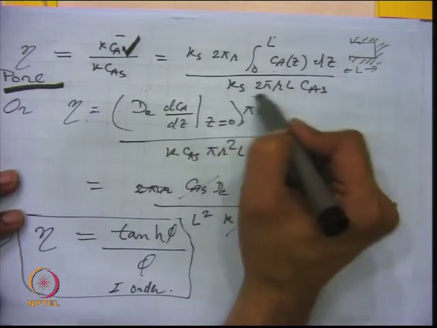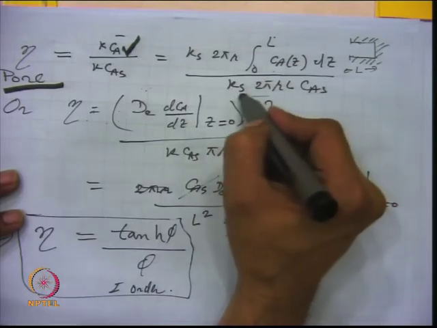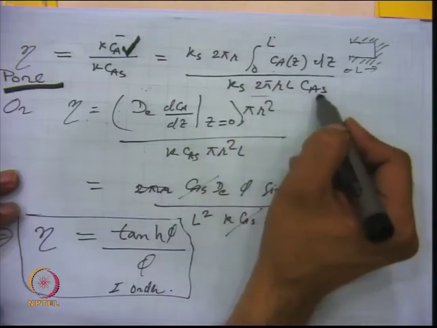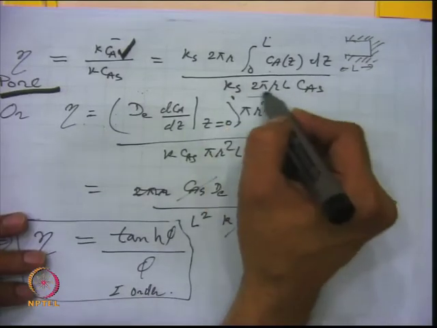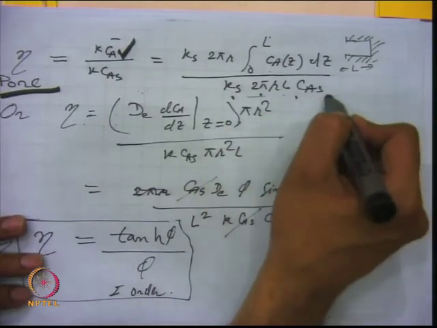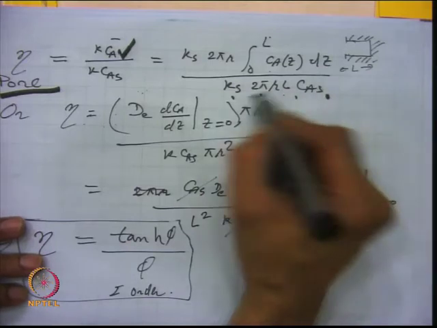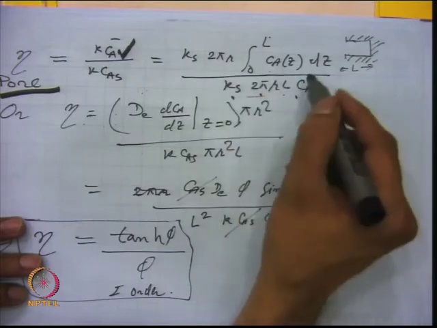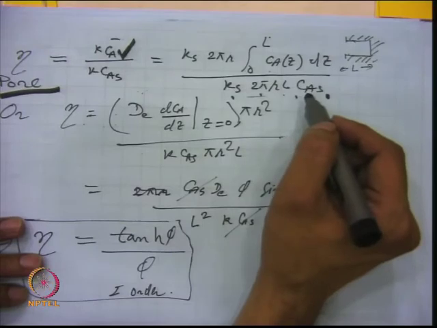Here it is mentioned based on surface concentration, so the rate is based on surface area; otherwise you can write K times pi r square L, based on the volume of the pore, choice is yours. So, Ks times 2 pi r L times Cas, that is the intrinsic rate. Either you define it based on the volume or surface area or mass, same expression.